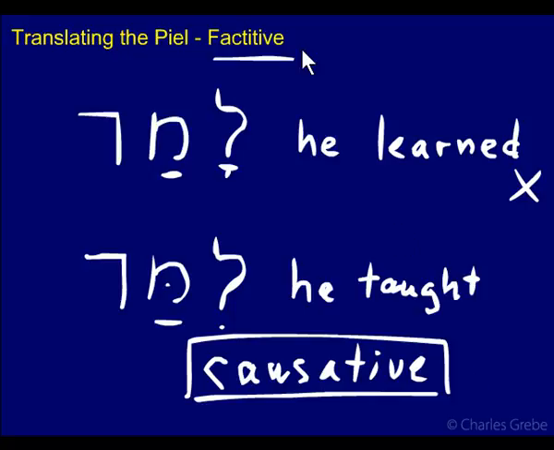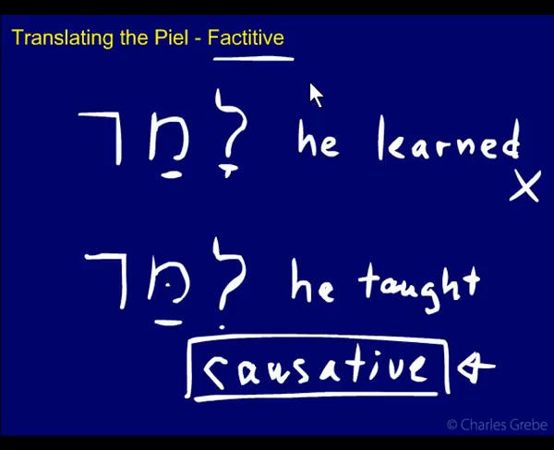The difference is that with the factitive, you're causing a state to happen or to become for some object. And in the causative, that's generally not the case. You're not causing a state. You're causing some activity or some event to happen. So this is looking ahead a little bit to the Hiphil, because the Hiphil is marked by causation. But there's also causation within the factitive. So these are a bit tricky. Factitive and causative, there's a slight difference. They both cause, but in the factitive you're causing a state, in the causative you're not.